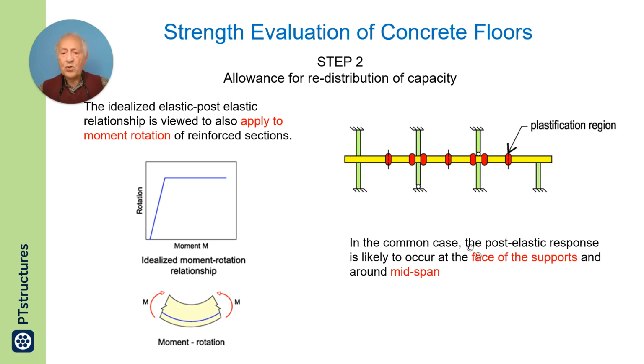The locations where this phenomenon is likely to occur is typically at midspans or at the face of support. These are the locations where the demand is usually higher than elsewhere in the member.